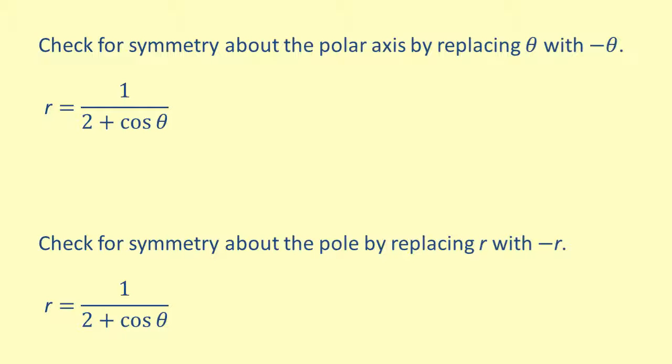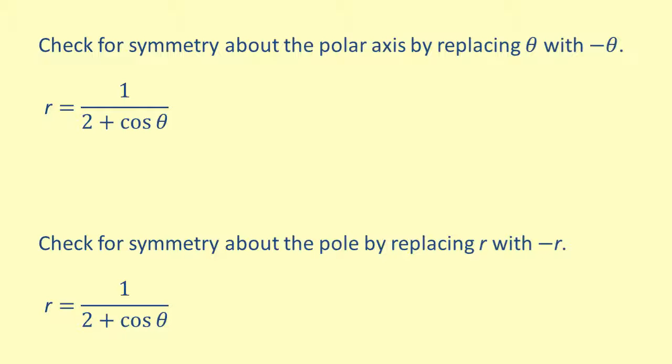Now let's look at another example. Let's check to see if r equals 1 over 2 plus cosine theta is symmetric about the polar axis. Remember, the curve is symmetric if replacing theta with negative theta in the given equation yields an equation that is similar to the original equation.